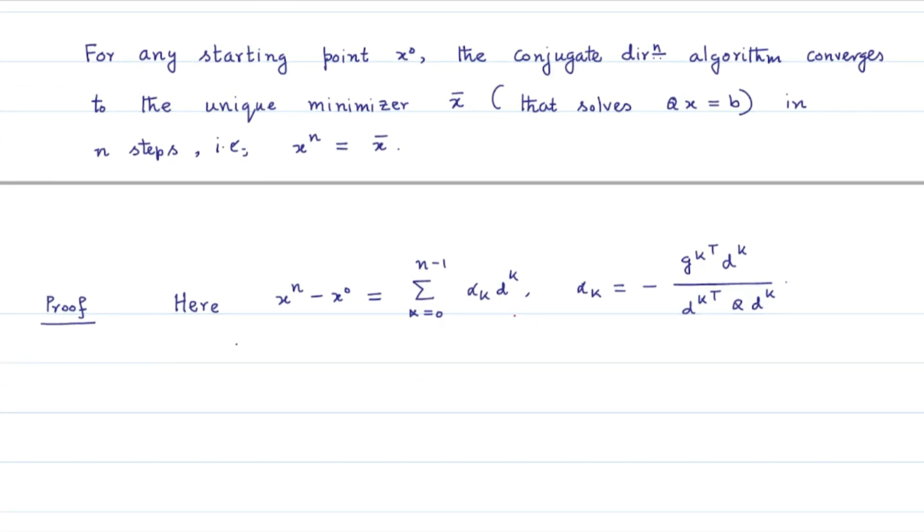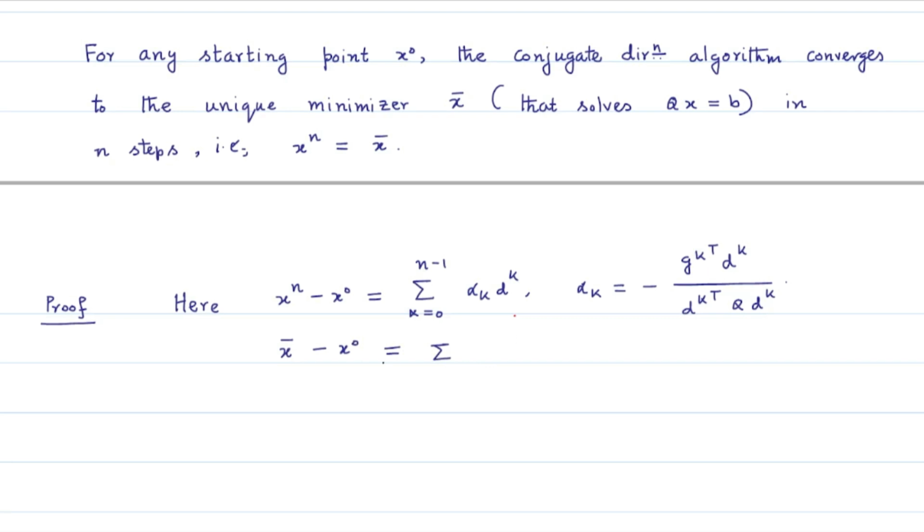Now in the conjugate direction algorithm, we are given n many Q-conjugate directions, and n many Q-conjugate directions form a basis of the n-dimensional Euclidean space Rn, and therefore we can write this vector x bar minus x naught as a linear combination of the Q-conjugate directions d naught, d1 till dn minus 1.